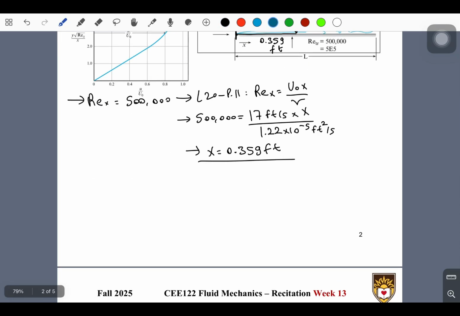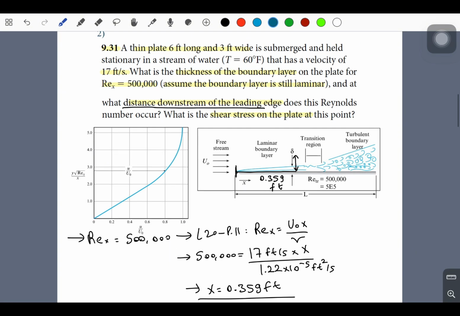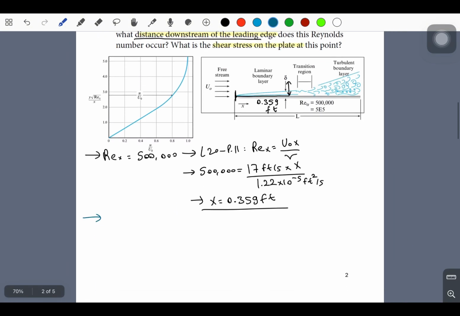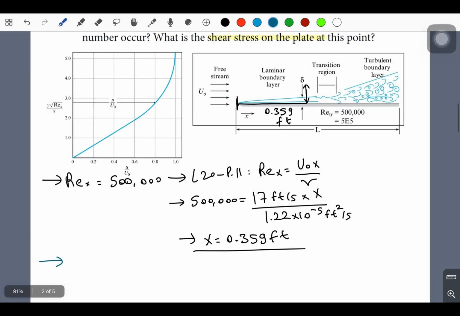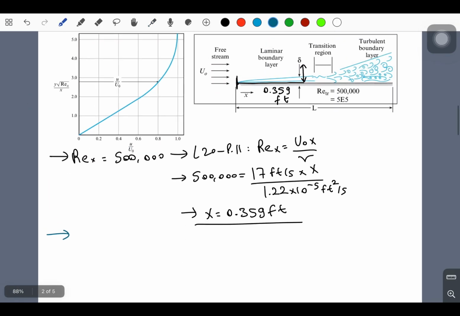The second question is the thickness of the boundary layer. So here we are going to use this curve again. In this curve, we can see that we have that value, which is 5. So we can just see 5 when the ratio of velocity is almost equal to 1.